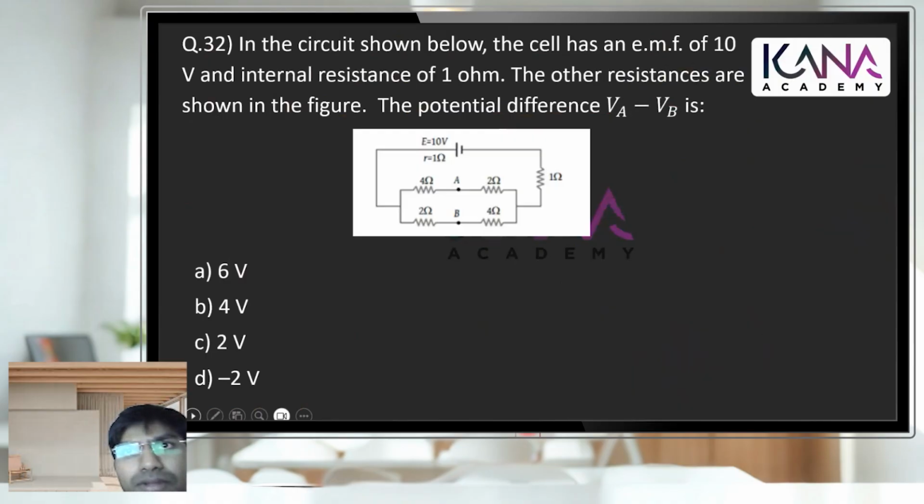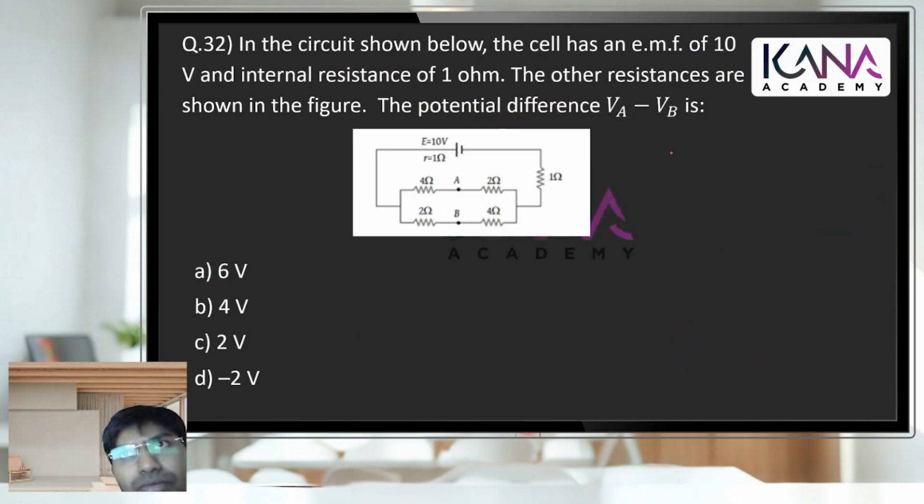32. So there is a circuit with E is equal to 10 volt and internal r is equal to 1 ohm. Find the VA minus VB. Okay.